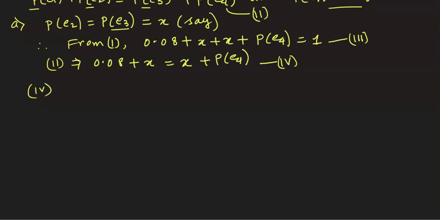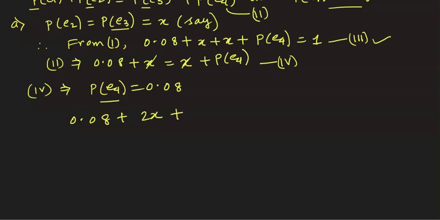So from equation 4 we see that this x will get cancelled and probability of E4 is equal to 0.08. We will put this value of probability of E4 in equation 3. Then what we get? 0.08 plus 2x plus 0.08 is equal to 1.